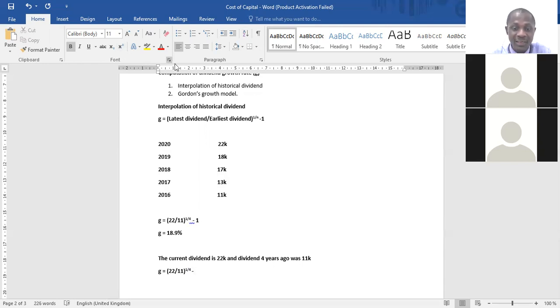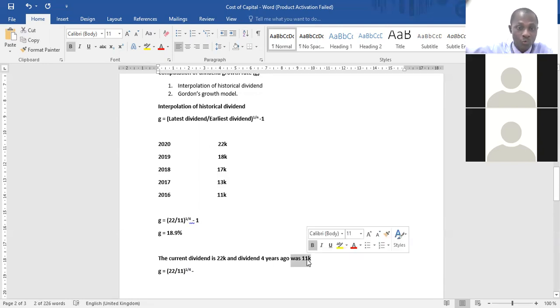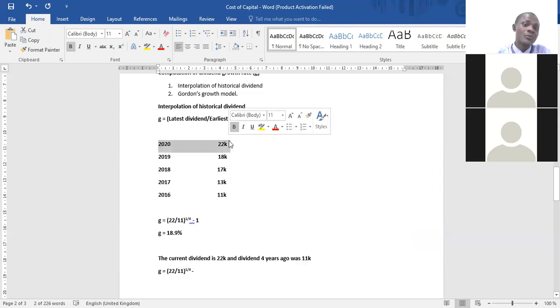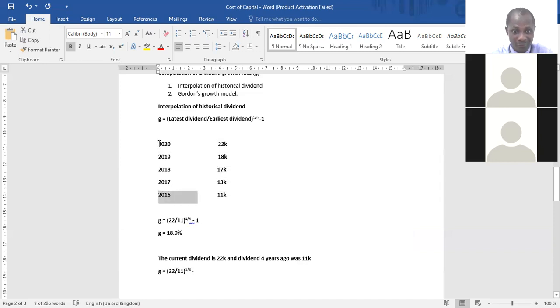That's because the question has already told me that this dividend was 4 years ago. So if I'm in year 2020, and I tell you 4 years ago, 4 years ago should be what? Year 2016. You count backward from 2020. You count 4 years. So 4 years ago from year 2020 should be year 2016.